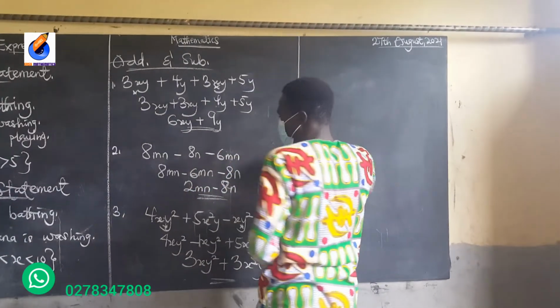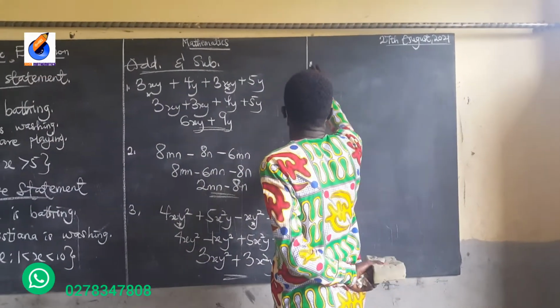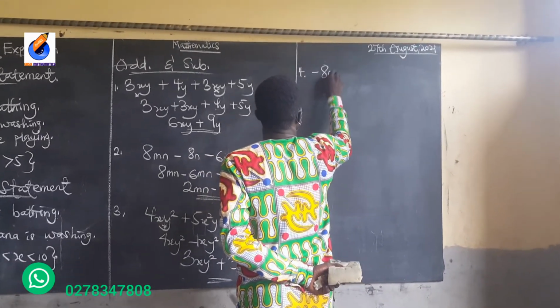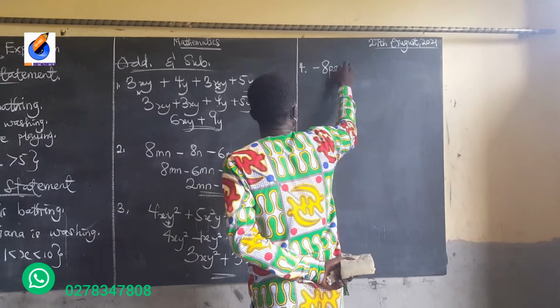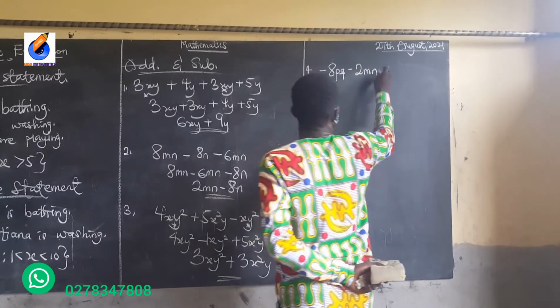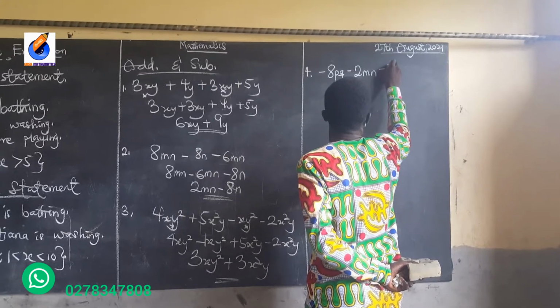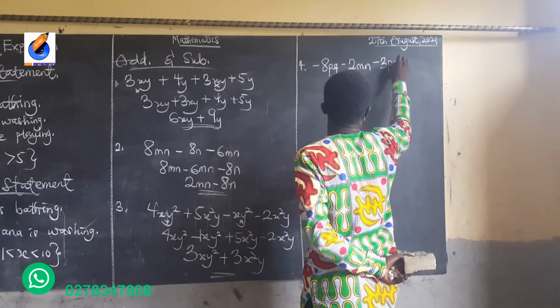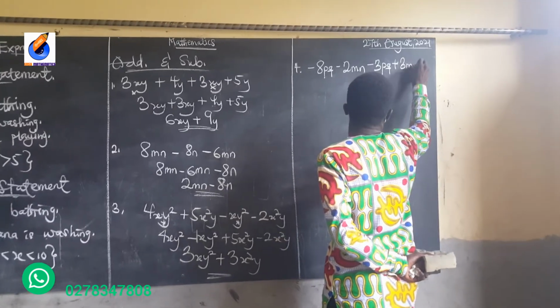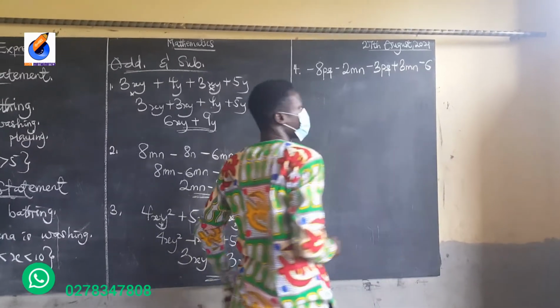Now let's say the fourth one, we have negative 8pq minus 2mn minus 3pq plus 3mn minus 6.